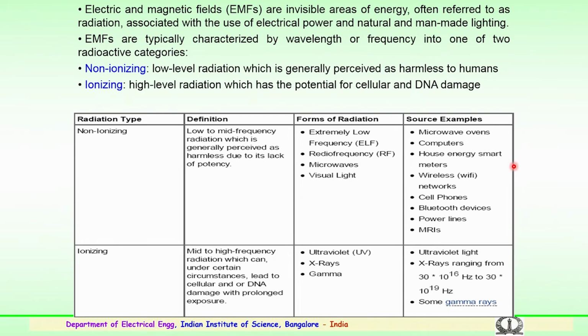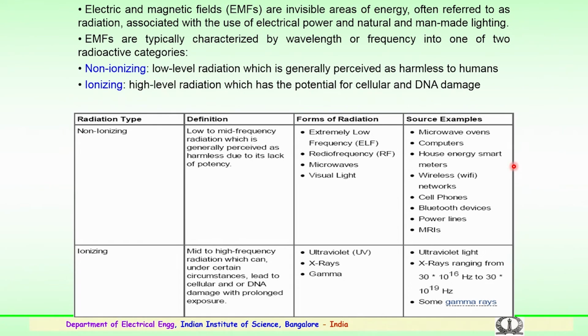Sometimes they could be natural, and they may also be due to man-made lighting aspects. EMF, or electromagnetic fields, are typically characterized by wavelength or frequency into one of two radiation categories, which are internationally categorized. These are the two important categorizations in which electromagnetic fields are classified.